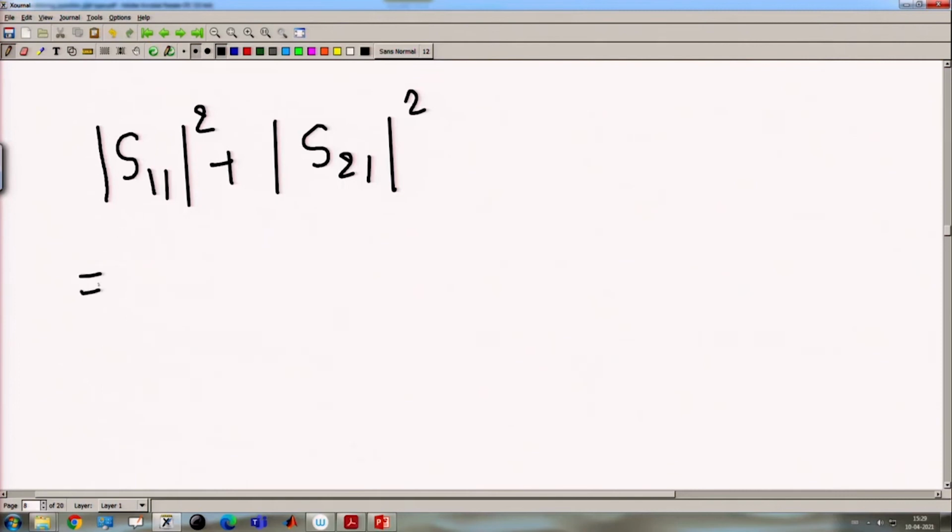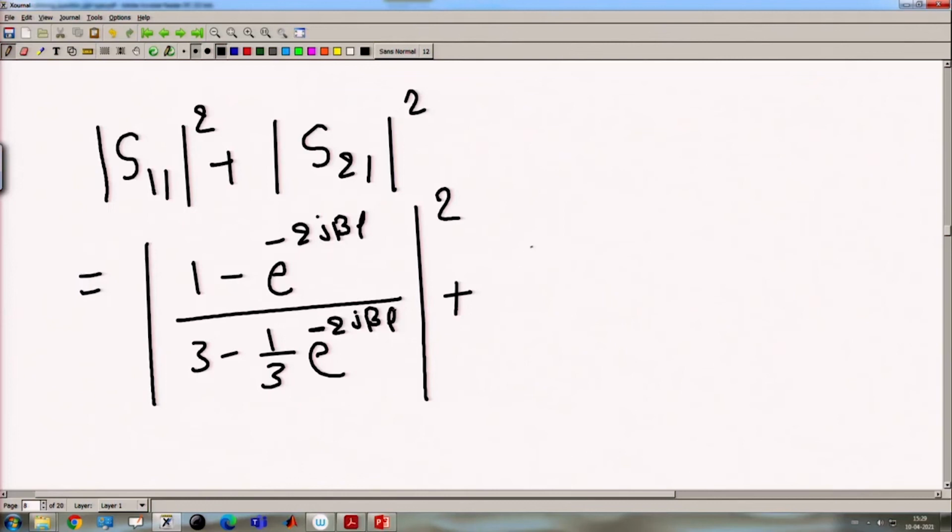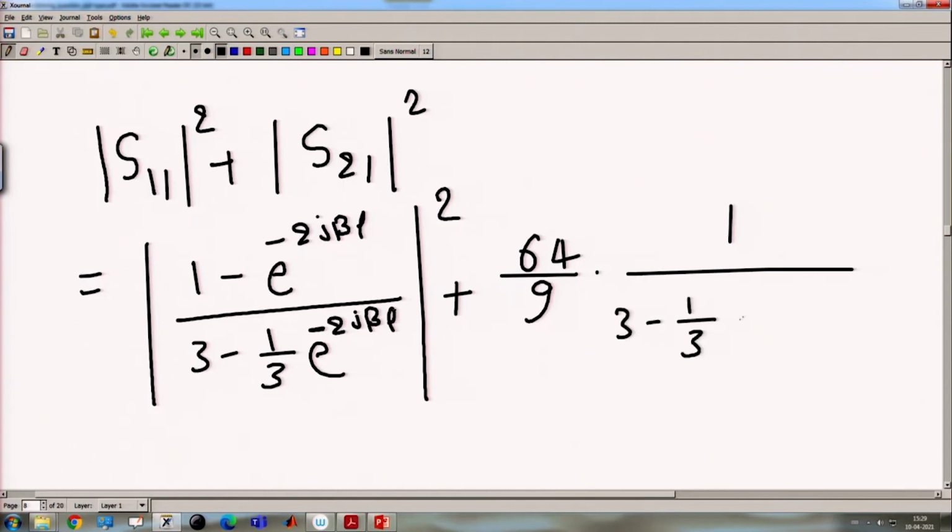So, this equals (1 minus e to the power minus 2 j beta L) divided by (3 minus 1 by 3 e to the power minus 2 j beta L), whole square, plus 64 by 9 into 1 divided by (3 minus 1 by 3 e to the power minus 2 j beta L), whole square.